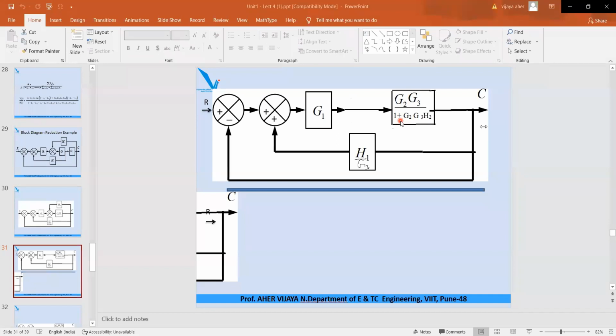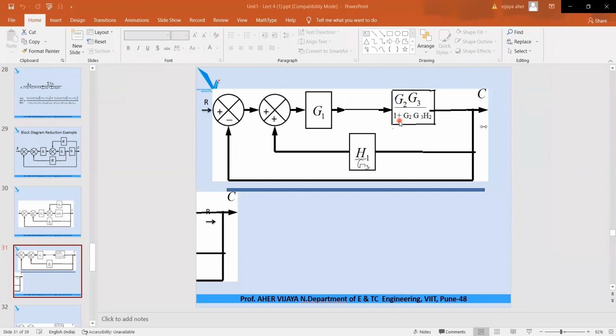So we have derived this equation already by using rule number 9. This is the last rule in block diagram reduction techniques, rule number 9. If there is minus there, plus comes here.